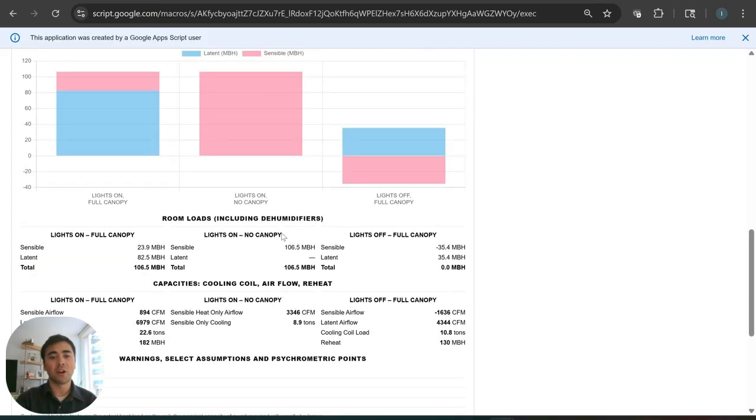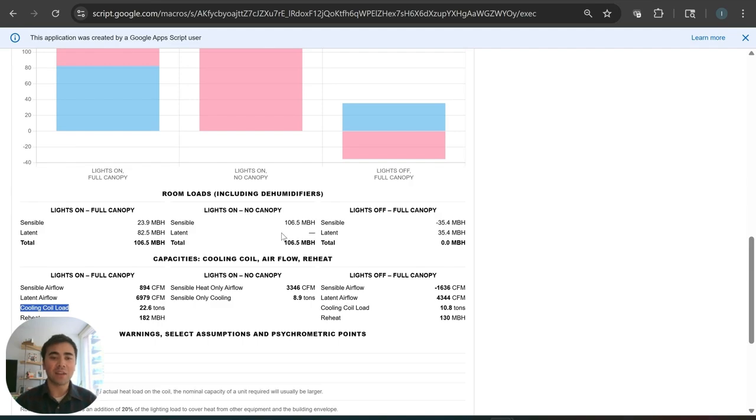For the lights on, no canopy condition, this is kind of an extreme condition and sometimes could be omitted in calculations. I include it here because sometimes, especially in a decoupled system, this condition can drive the amount of airflow needed in the room. I put needed in quotes, because this is, again, an extreme condition that isn't typically seen during regular operation in a grow room.